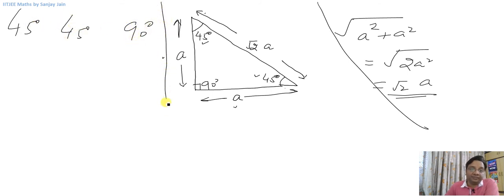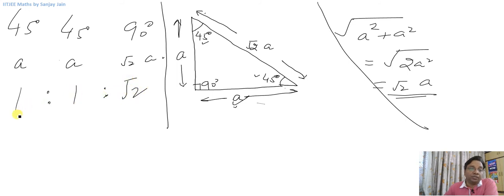As you can see, I've taken this side as A, so the values are A and root 2A. But the ratio of sides is 1 is to 1 is to root 2. These two sides being opposite to 45 degrees and this being opposite 90 degrees.